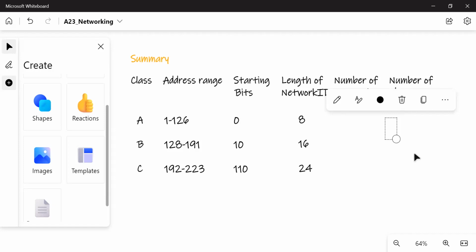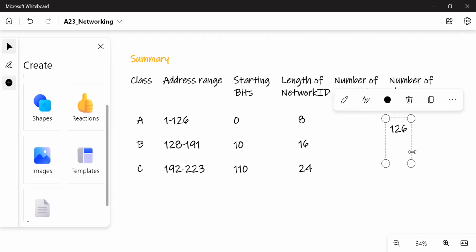The number of networks we can talk about. For A, it's 8 bits, and 2 to the power 8 is 256, but you remember the starting bit is 0, so that goes to 128. You remove the first and the last, and you end up with 126.